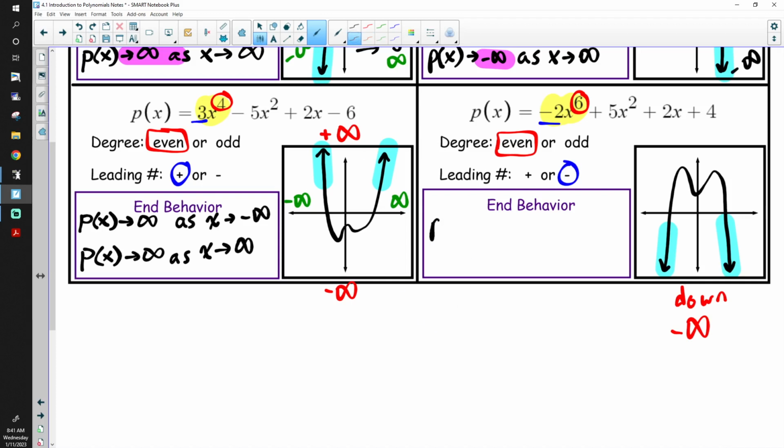So both ends, p of x approaches negative infinity, as x approaches the left side and as x approaches the right side.